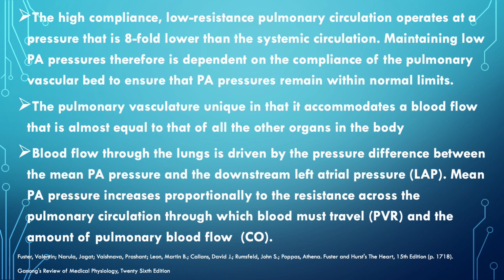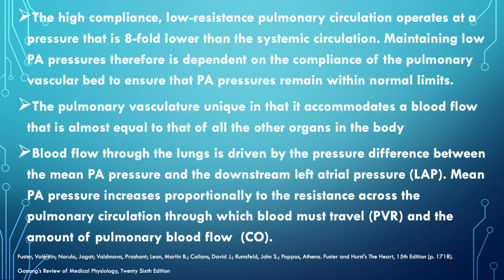The high compliance, low resistance pulmonary circulation operates at a pressure that is 8-fold lower than the systemic circulation. So if the blood pressure in the aorta is 120, the blood pressure in the pulmonary artery might be 20. Maintaining low pulmonary artery pressure is dependent on the compliance of the pulmonary vasculature bed.